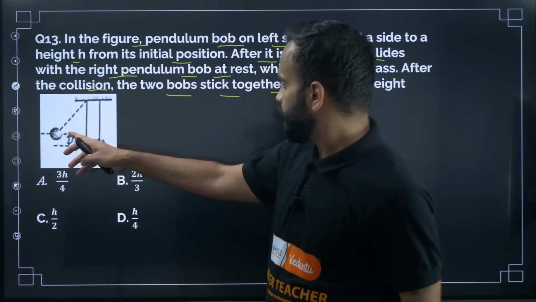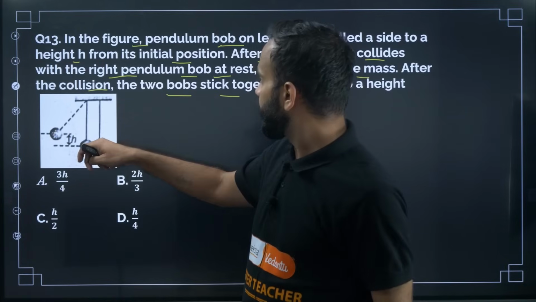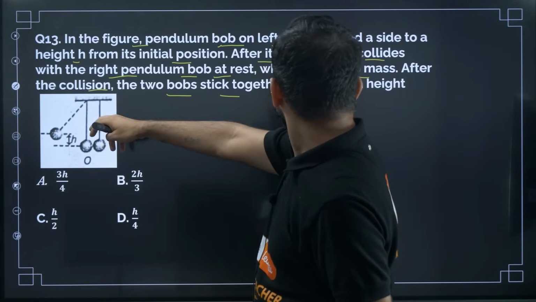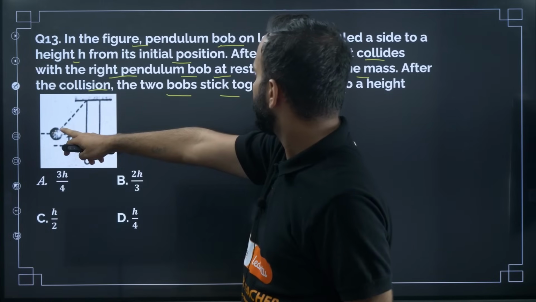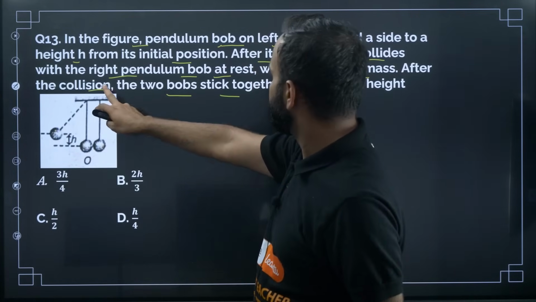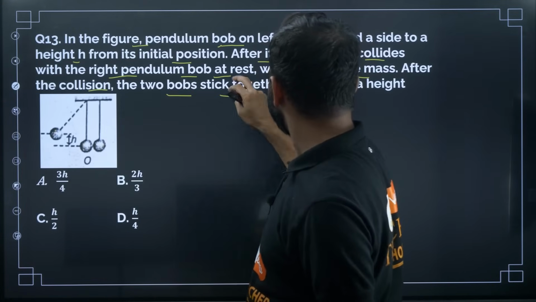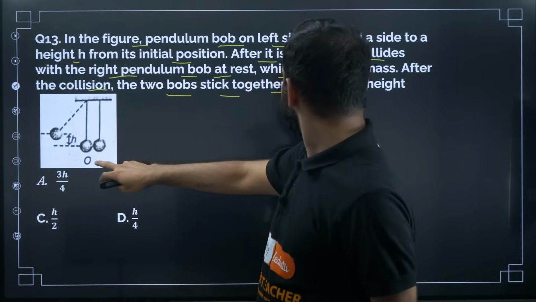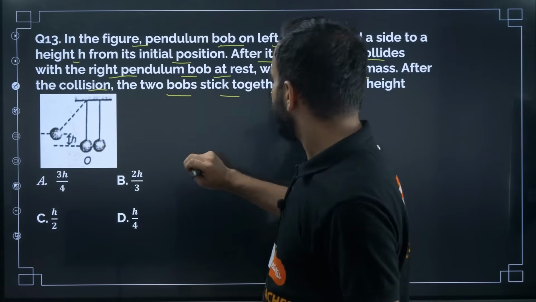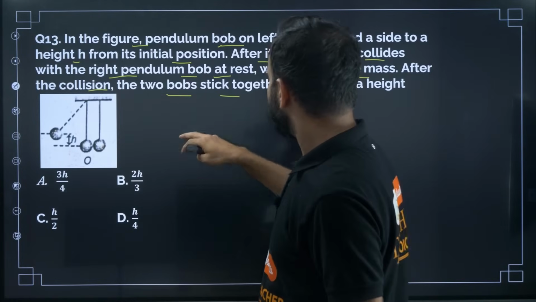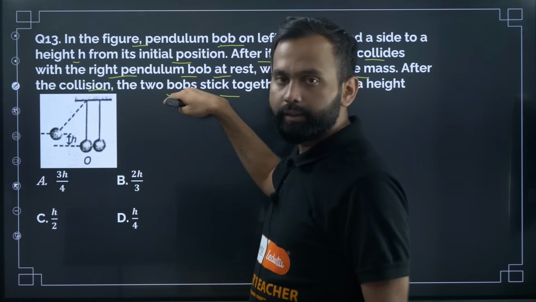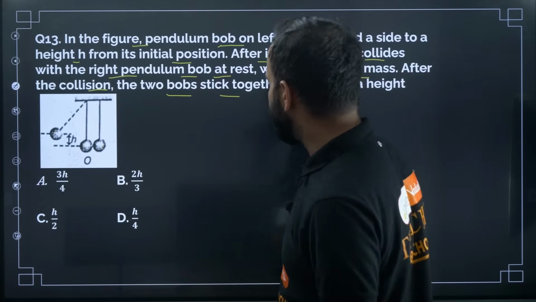So this is the bob on the left side, pulled aside to a height h. After it is released, it collides with the right pendulum bob at rest, which is of the same mass. After the collision, these two bobs stick together and rise to some height h. We need to find that height.